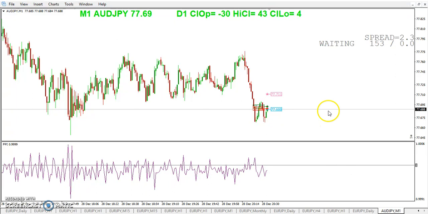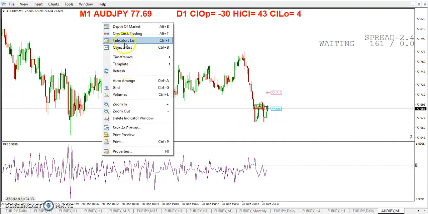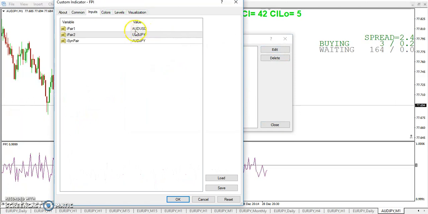Now, on hedging, I had to dust off the old FPI indicator. And if you don't know what that is, you can go out where I post code and you can read all about it. See, basically, the Australian yen is a synthetic pair. It's composed of the Australian US dollar and then the US dollar Japanese yen.